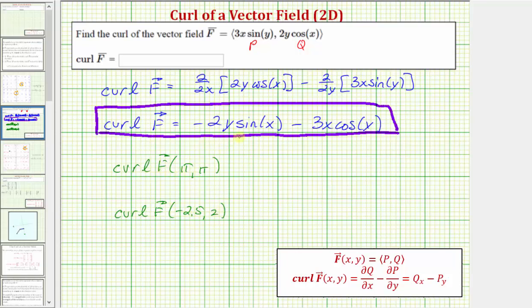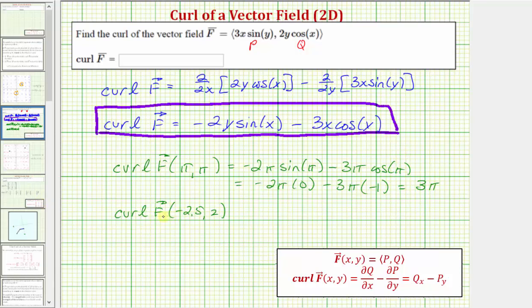So the curl of F at pi comma pi is equal to negative 2 times pi times sine pi minus 3 pi times cosine pi. So simplifying, we're going to have negative 2 pi times 0 minus 3 pi times negative 1, which equals positive 3 pi.